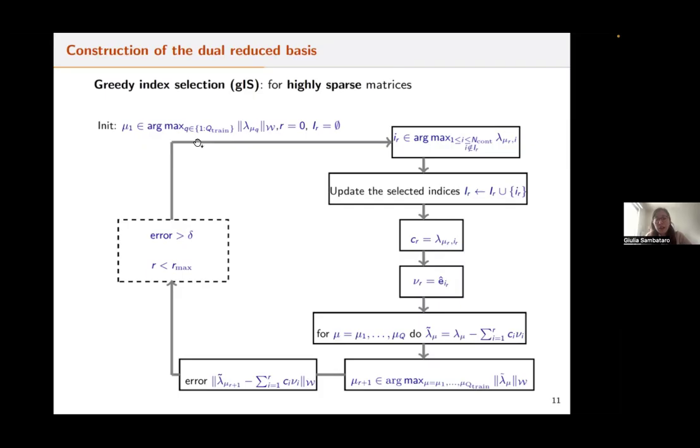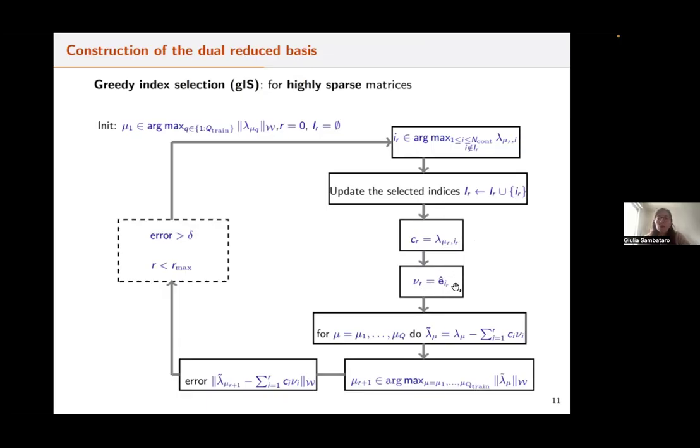Therefore, after an initialization of the geometric parameter, we select this IR, which is the largest coordinate of the Lagrange multiplier evaluated at the current geometric parameter mu R. This largest index is then used to compute the reduced coefficient. So the reduced coefficient at iteration R is nothing else than the IR coordinate of the Lagrange multiplier evaluated at the current geometric parameter mu R. Once we have done that, we have the reduced basis function nu R, which is the unit vector of index IR.